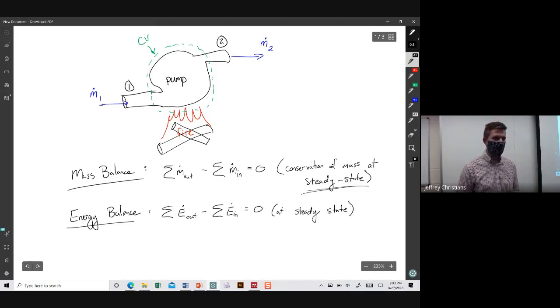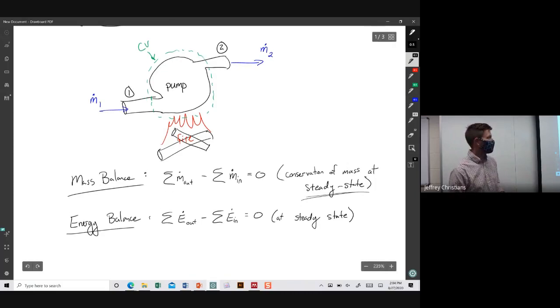So this is the first law expressed now mathematically. The difference between energy and mass is that energy can come in different forms. So if we think of just this problem here of the pump, what different forms of energy are going in or out of our control volume?